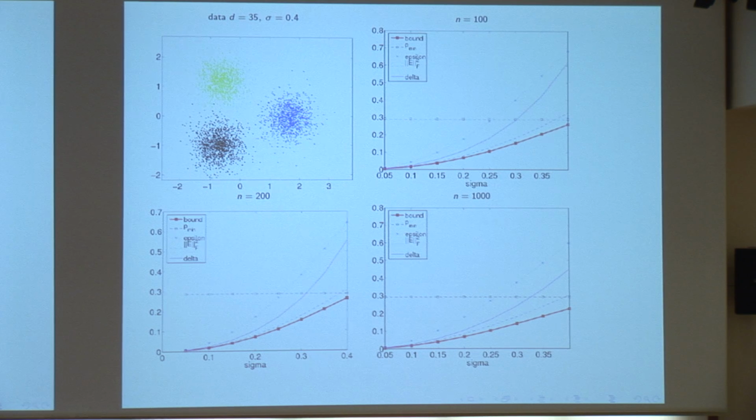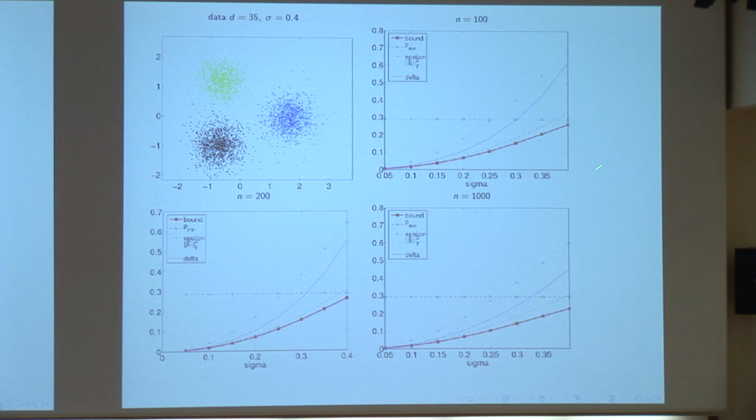And the next 3 plots show the bound, calculated for, I don't know if it's the true clustering or the best clustering found by k-means. It doesn't really matter because they are almost the same. And 0.3 is the size of the smallest cluster, and sigma is the standard deviation of the Gaussians.